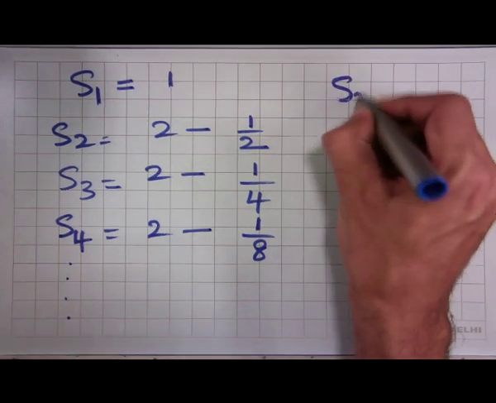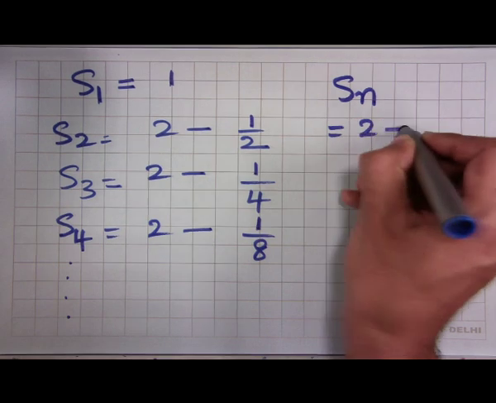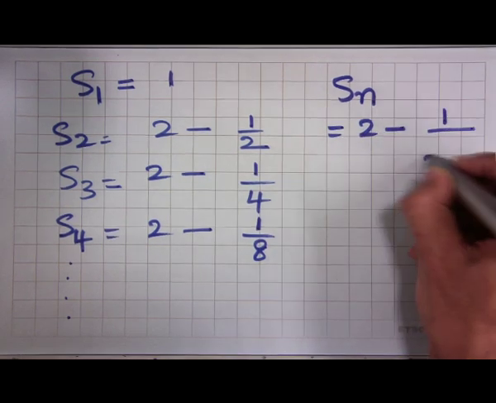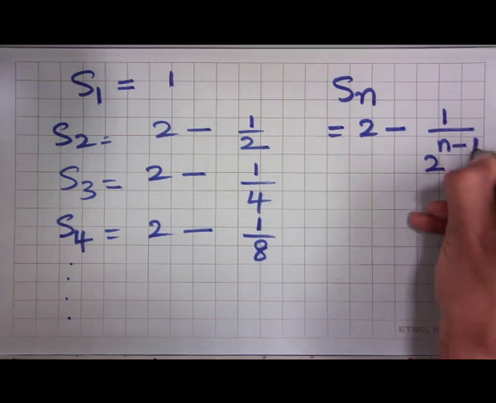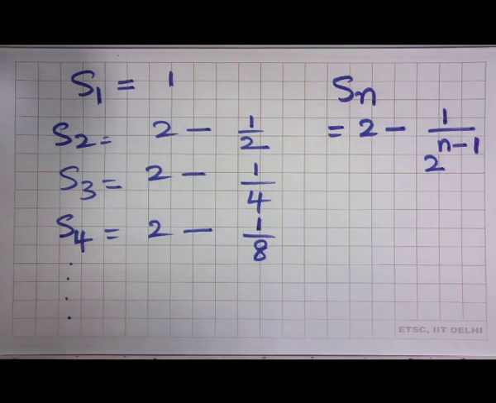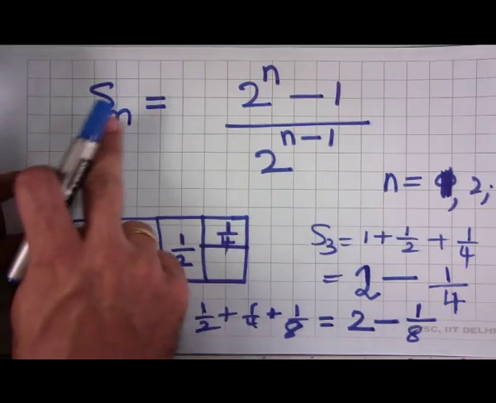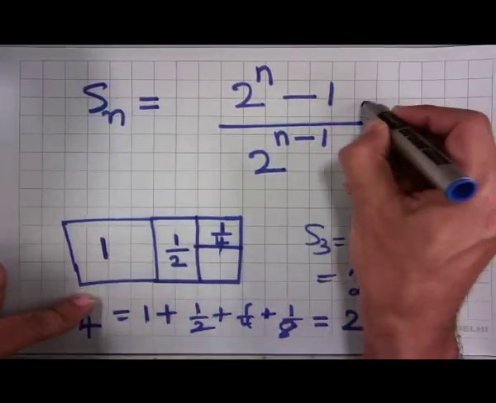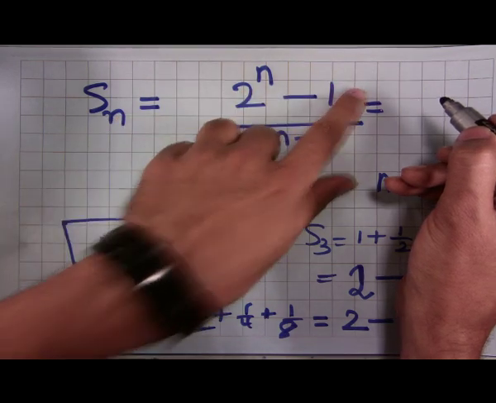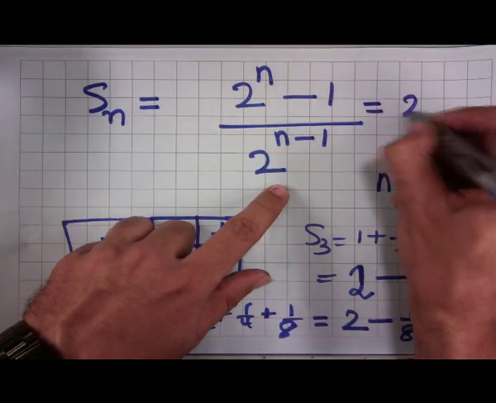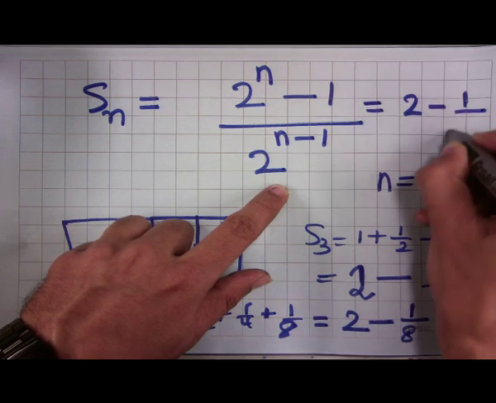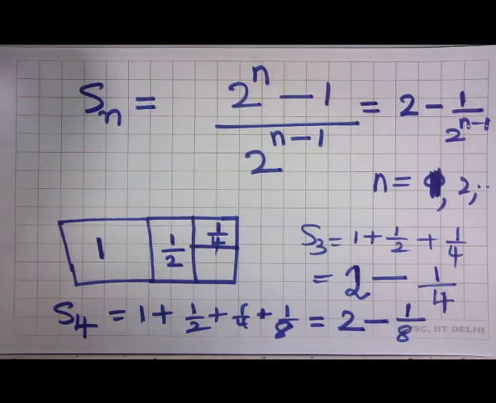Observing the pattern, Sn will be 2 minus 1 by 2 power (n minus 1). That is what we got: Sn is (2 power n minus 1) by 2 power (n minus 1), which is 2 minus 1 by 2 power (n minus 1).